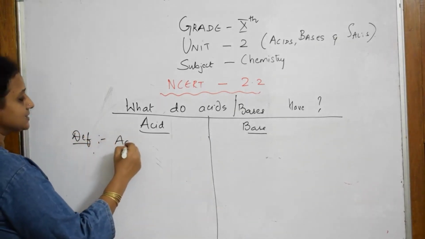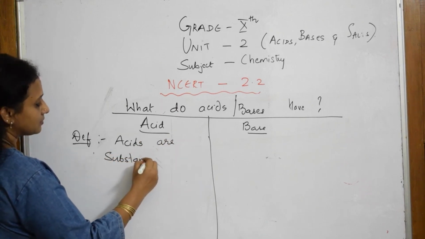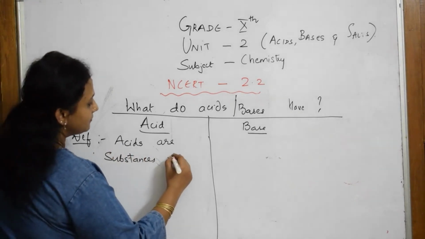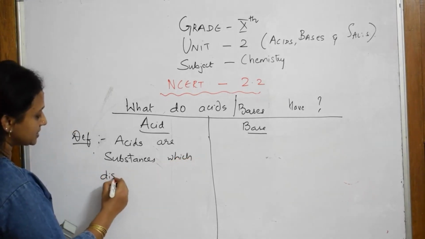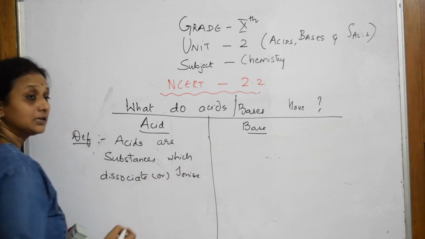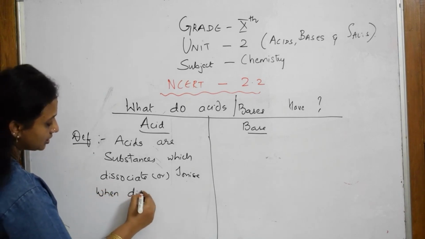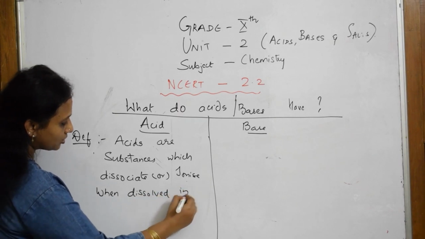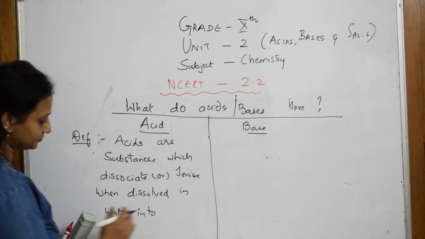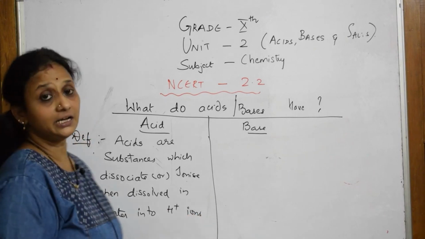Let us write: acids are substances which dissociate or ionize when dissolved in water into H plus ions or hydronium ions.